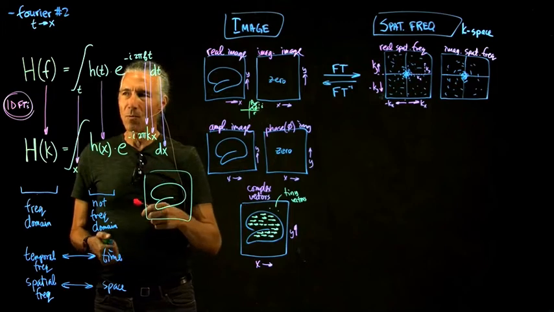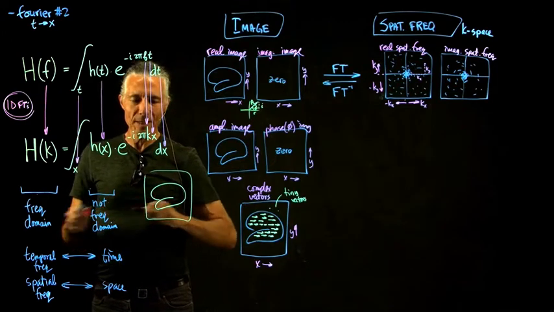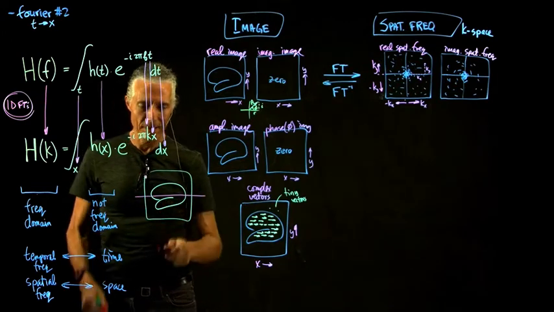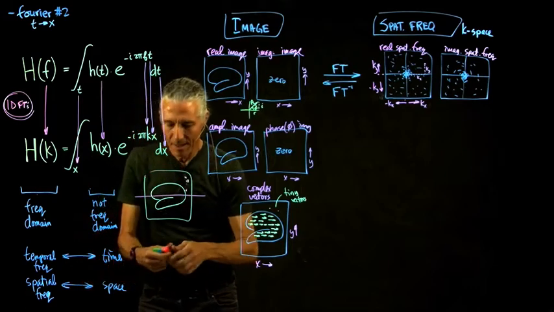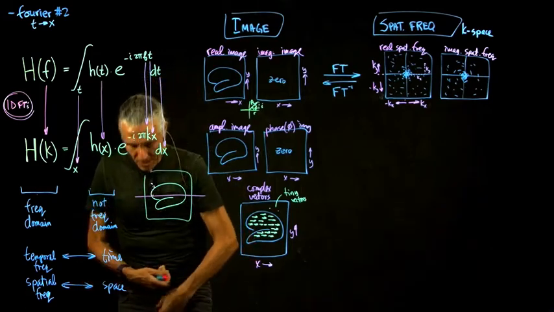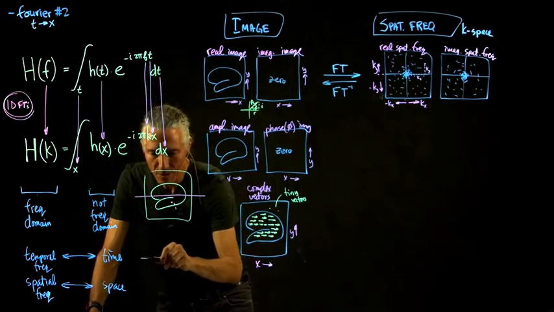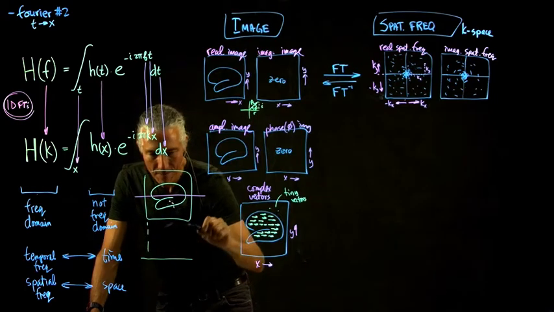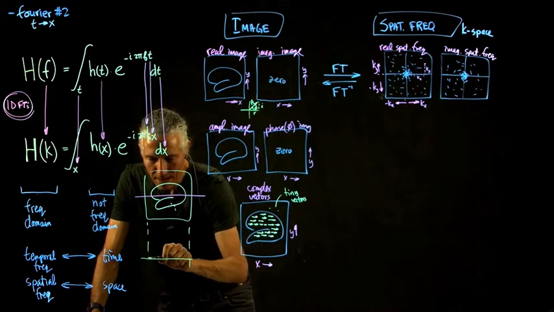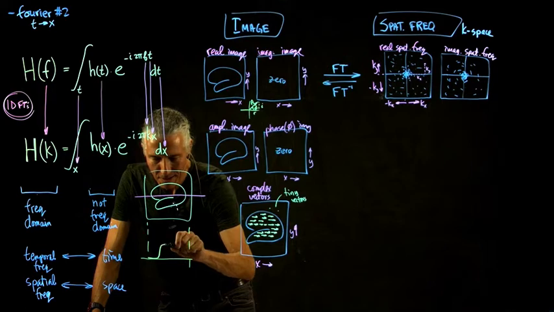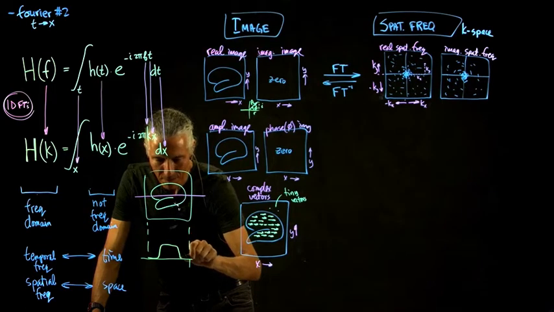Let's just do this in one dimension. Let's go across the brain like that and plot that out. We get not brain, and then brain starts, and then not brain.